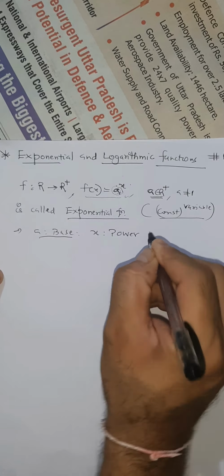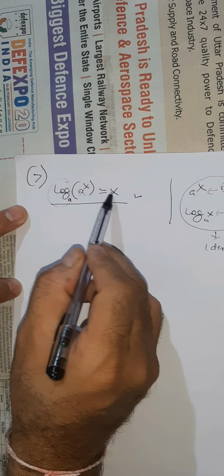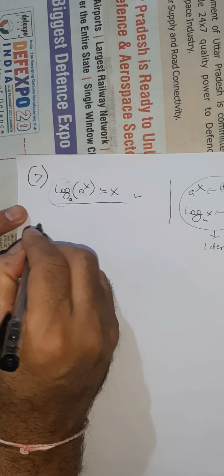Identity means x itself. f of f inverse is identity, f inverse of f is identity. So I'm just combining these two. So log of exponential a raised to x to the base a is again identity, that is x. This is like f inverse, this is like f. Composition of inverse and function gives you the identity x.